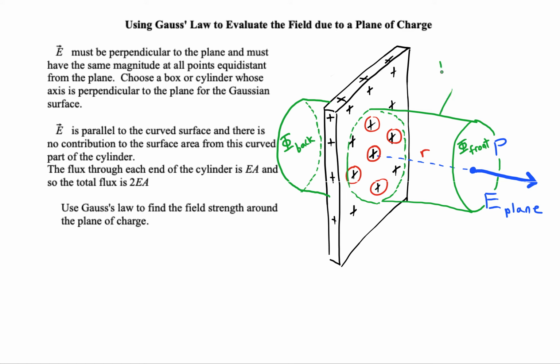We can also discuss the possibility of an electric flux through the side of our Gaussian cylinder. But let's make it clear that here we're talking about a very large plane. So large that it's going to be treated as if it were infinite. And if we're talking about an infinite plane, then it goes on in all directions forever.